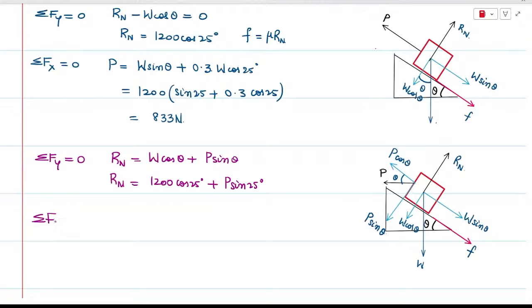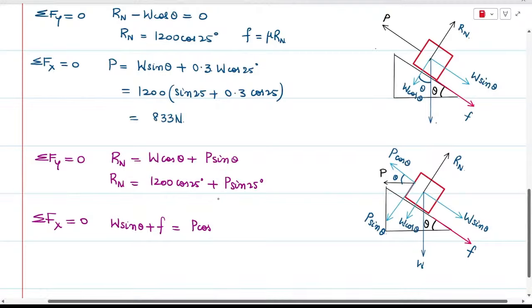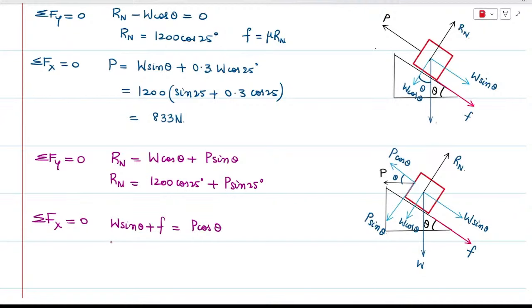And same way, if we consider the equilibrium of forces in the x direction, W sine theta downward is taken as positive. Friction force is also taken as positive, and that is opposed by P cos theta, that is P cos 25. So W is 1200 sine 25, and friction force is mu times of Rn.